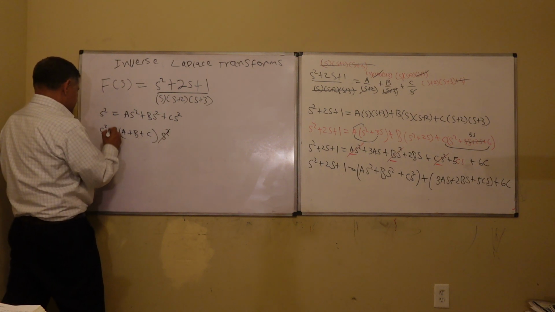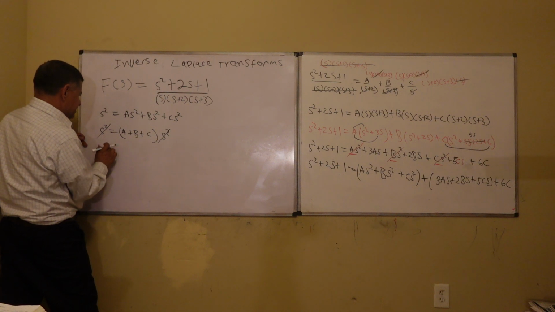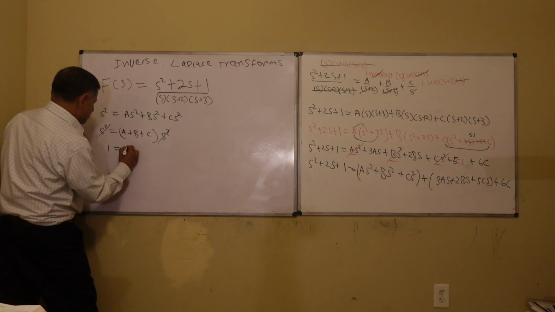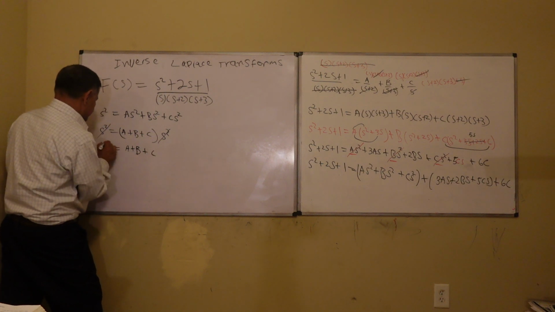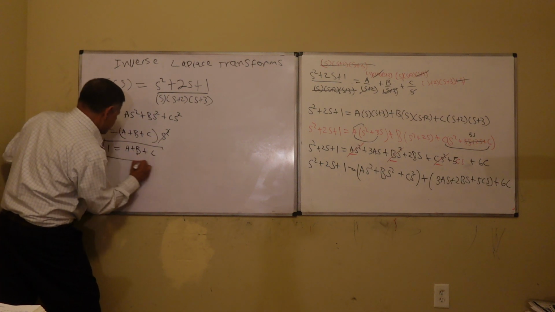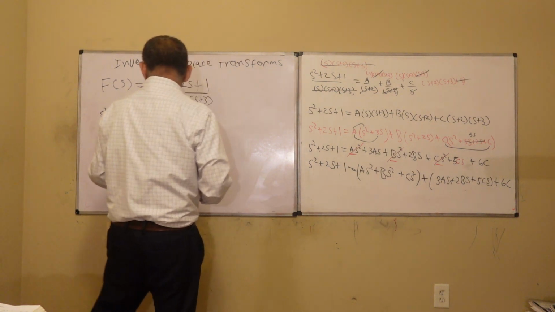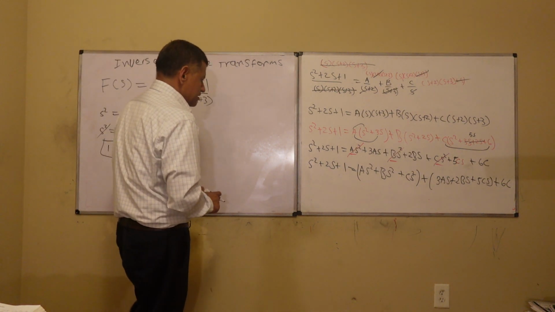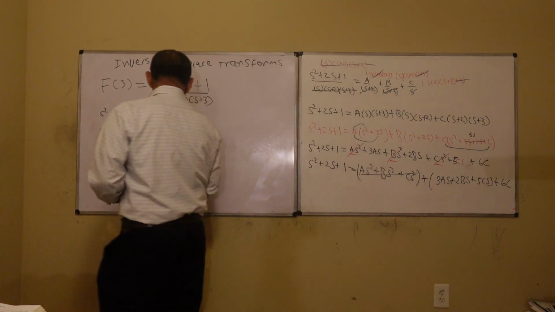And I divide both sides by S squared, and I get 1 is equal to A plus B plus C. That's one equation, right? Now this piece is gone, right?